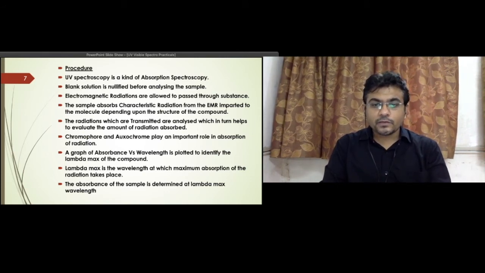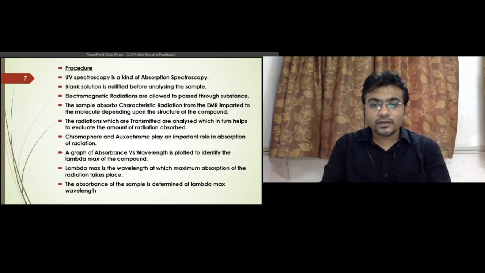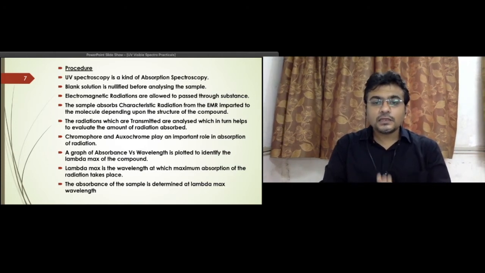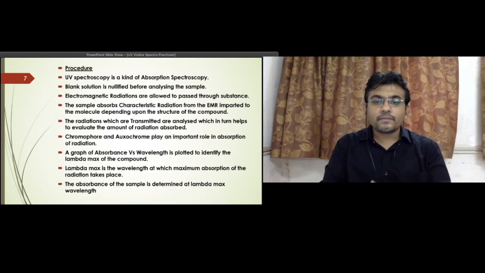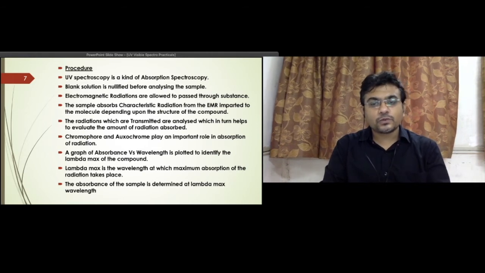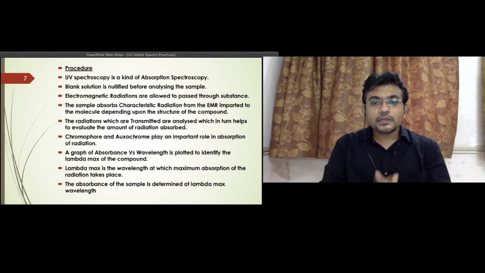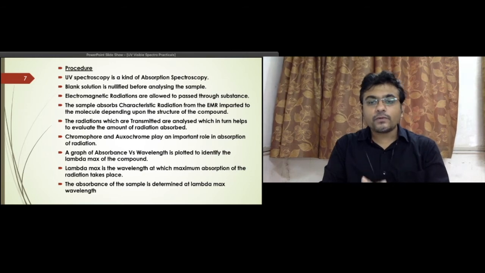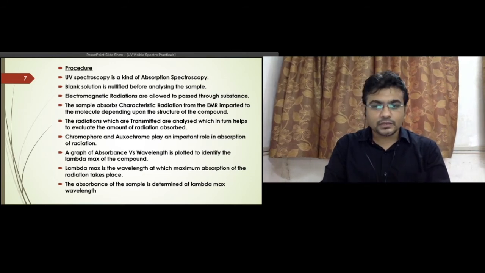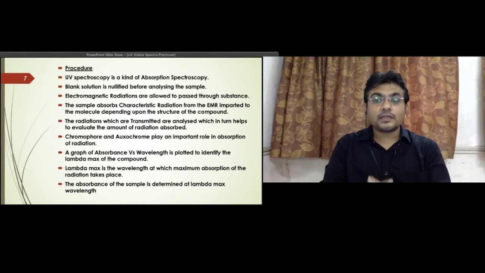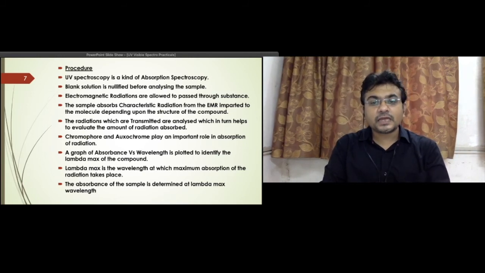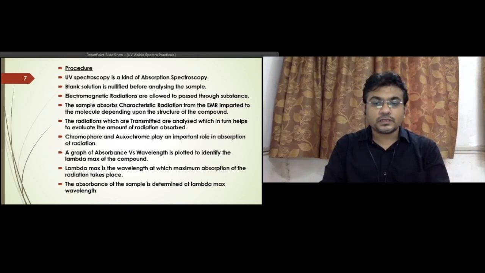Every particular molecule has its own different lambda max, and this value acts as a fingerprint for that compound. That's why we use the lambda max value as an identification tool, and hence lambda max finds qualitative application in the field of analysis. It means what kind of compound is present in a given sample can be analyzed by the lambda max. So lambda max will give us an idea of what kind of compound is present.